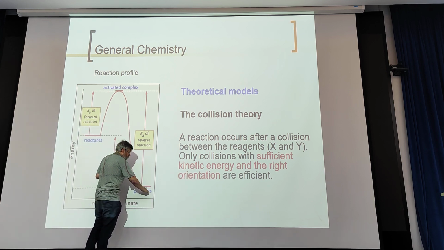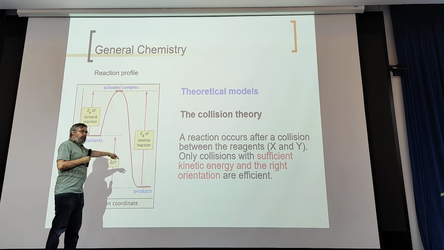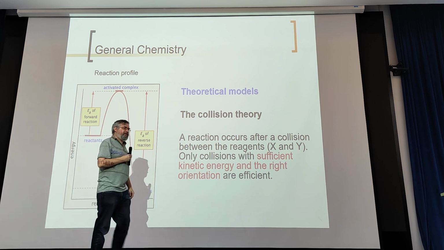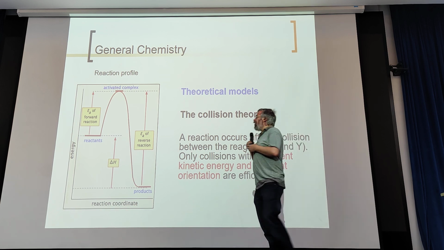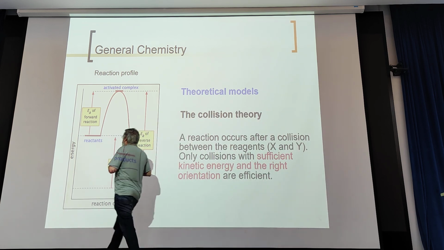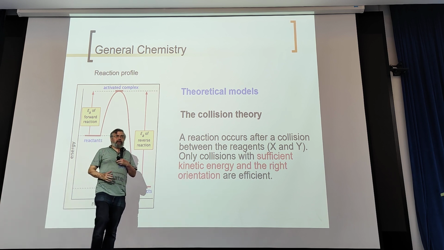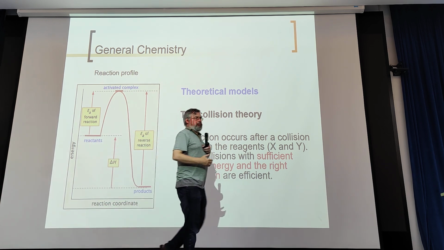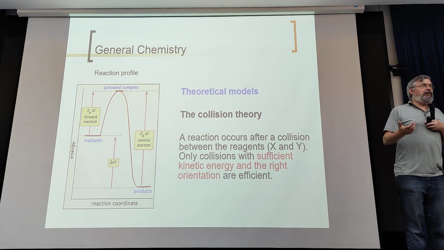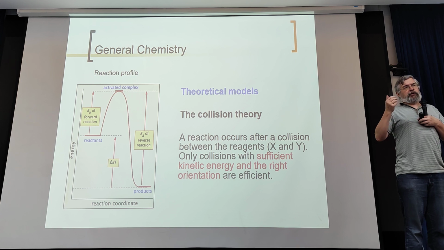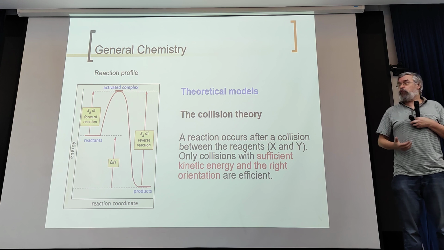Afterwards, you form the products. And you see, it's all the way down from this activated complex. Now, if you compare the reactants and the products, the way this is drawn, it's an exothermic reaction if we talk about enthalpy, or an exergonic reaction if we talk about free energy.